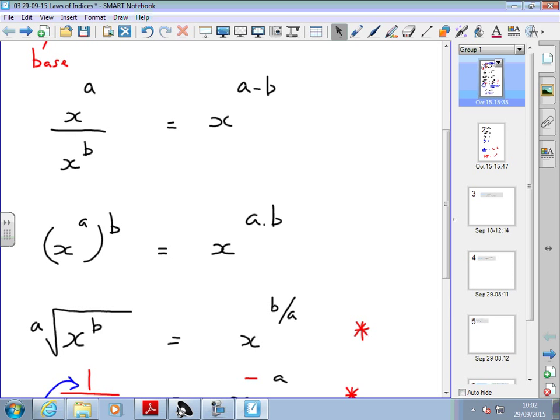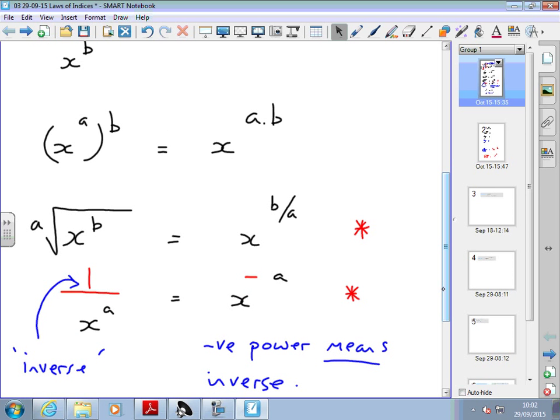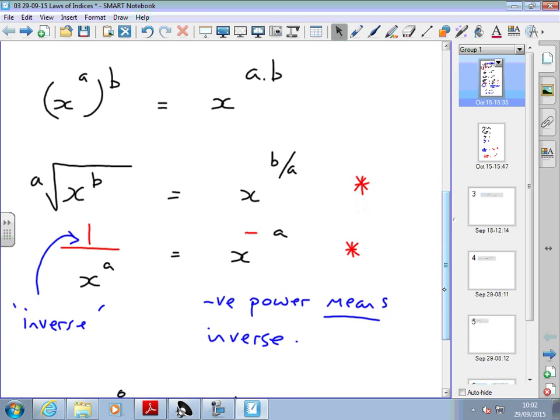And now we come on to some root powers. These two are really important, especially when we come on to logarithms, which we will be doing next time. That's why I've asterisked them. The a-th root of x to the b. For example, the cube root of x squared.